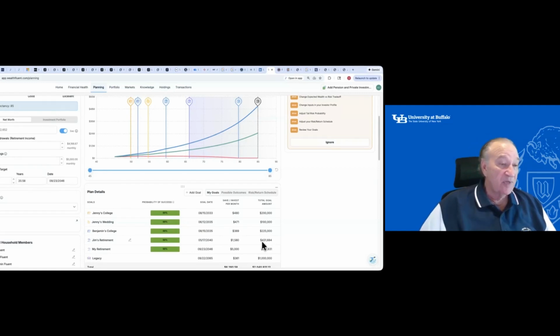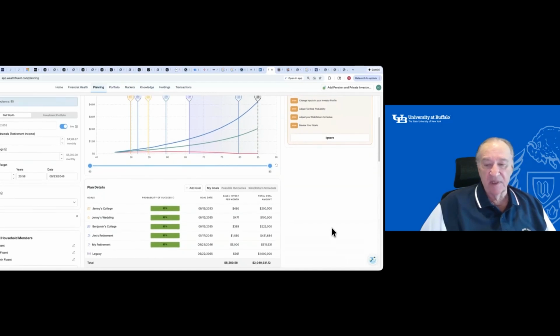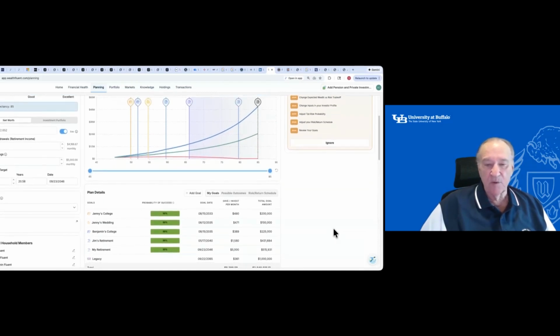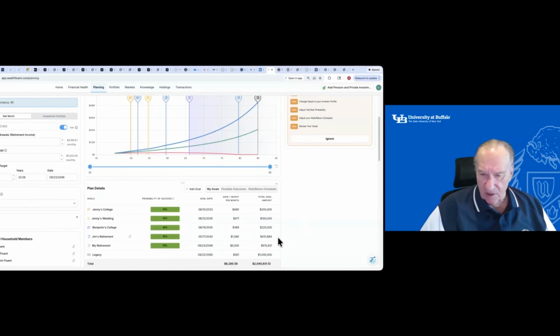Now, with some of the less liquid assets, like a home, they can either take some equity out or sell it and downsize later on. So there are a lot of opportunities to change it, but they can definitely make it with these first four, and that includes the remainder needed for Jim's retirement, an additional $431,000.